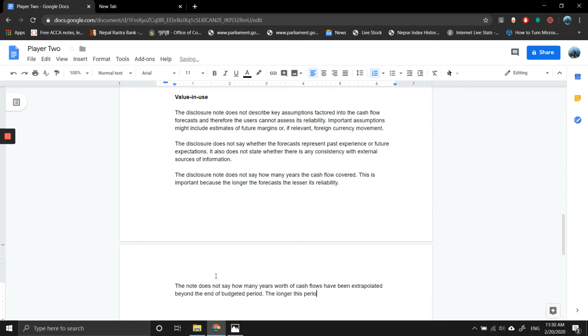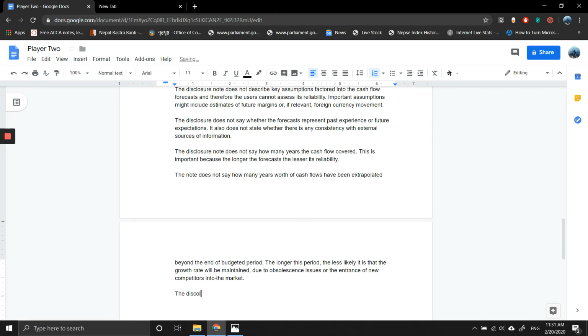The longer this period, the less likely it is that the growth rate will be maintained, due to obsolescence issues, or the entrance of new competitors into the market, right?